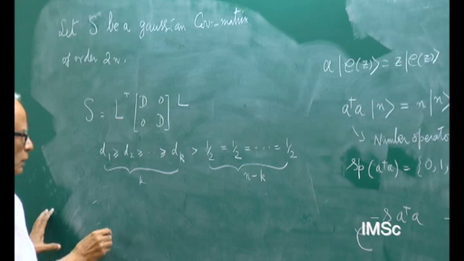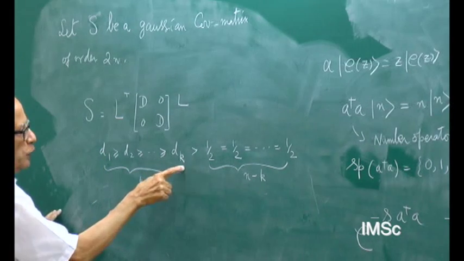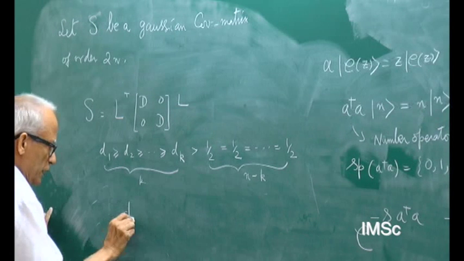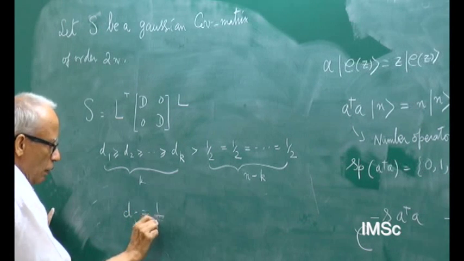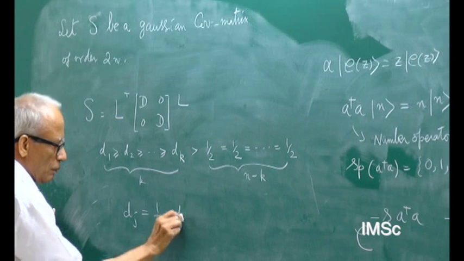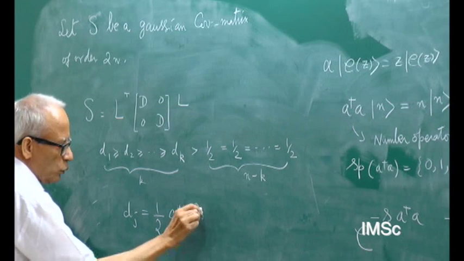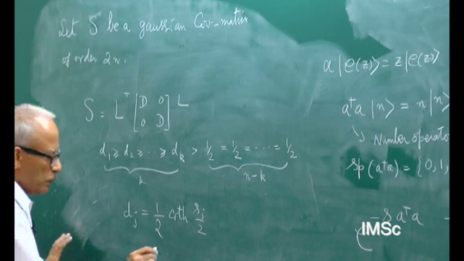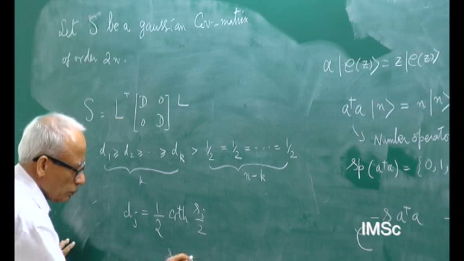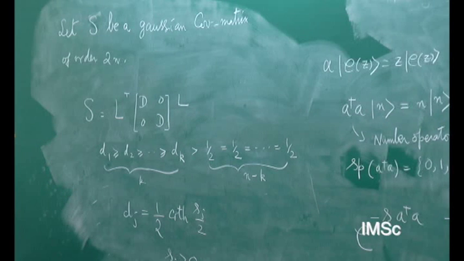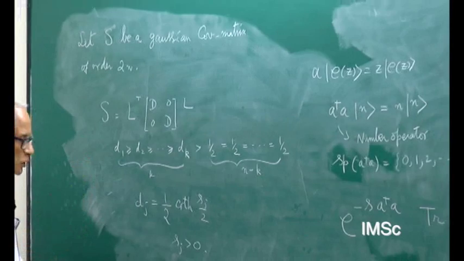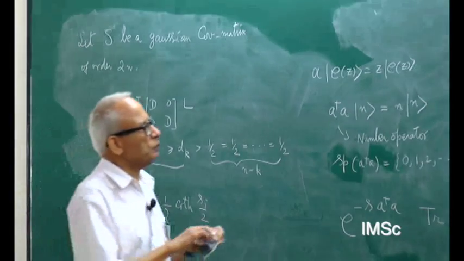Now, because D1, D2, etc., Dk are greater than half, each Dj can be written as half of coth(Sj over 2), with Sj positive. But if I want rho with covariance [G 0; 0 S], what will you do?